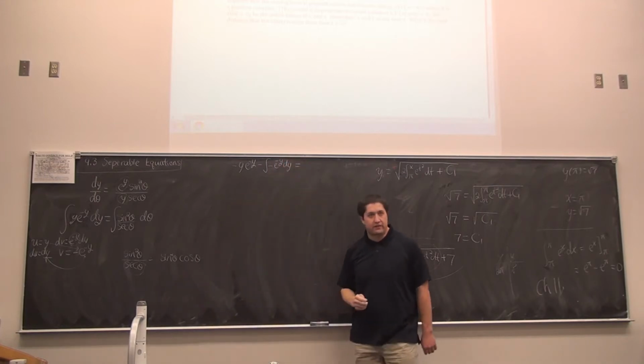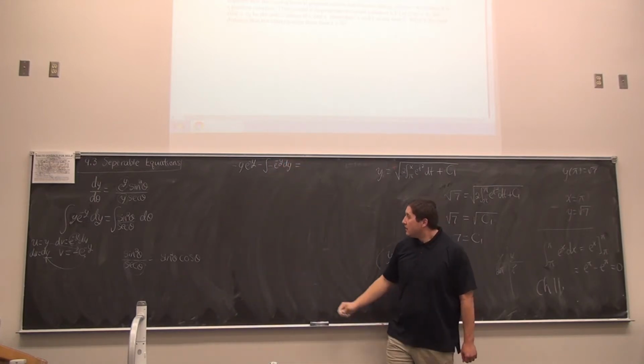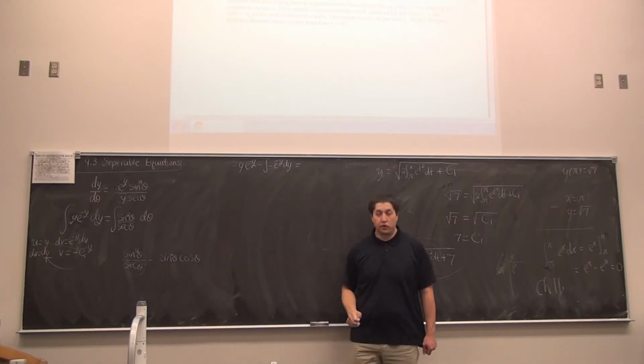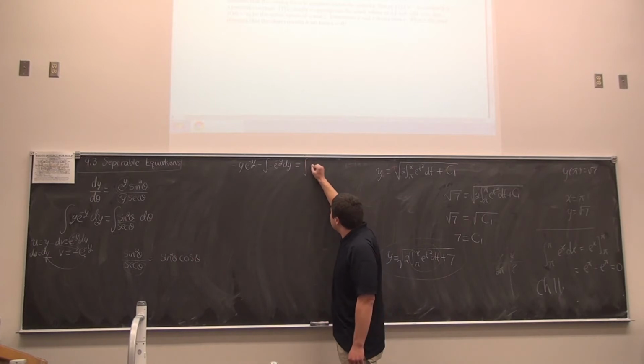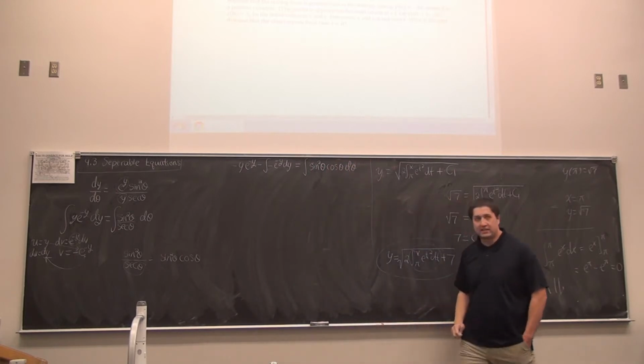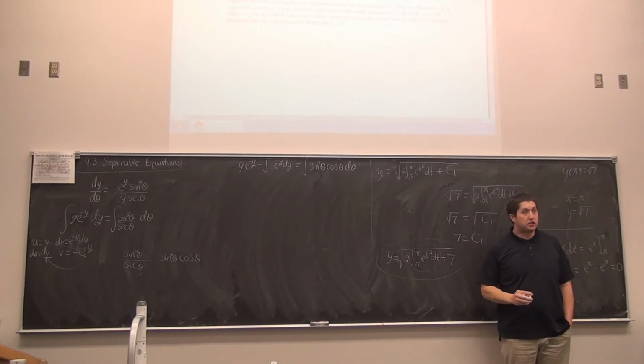So that's our entire left-hand side, nearly resolved. The right-hand side, we're using this trigonometric identity to get through it. So let's just copy sine squared θ cosine θ dθ. And that's where we're at so far. Any questions to that step?